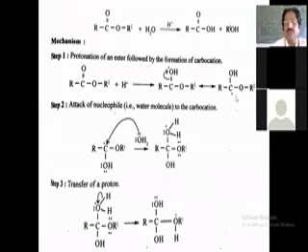Because of that reason, naturally, the second step is the attack of the nucleophile, because an electron deficient center is formed here. Naturally the nucleophile attaches to the carbocation. This is called the carbocation, and here the nucleophile is the water molecule.